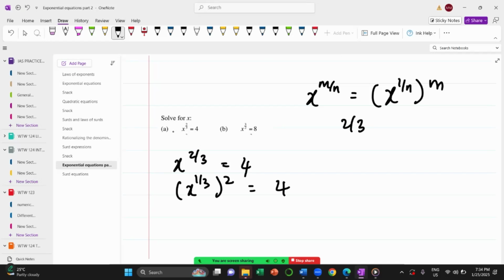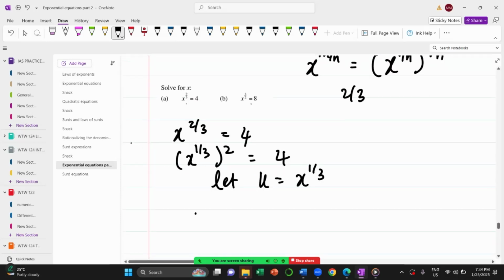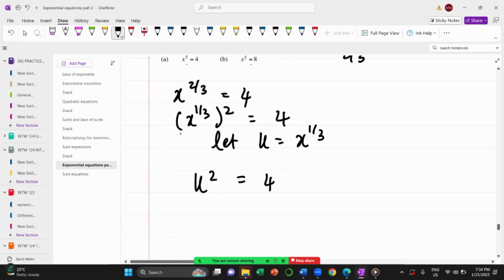Check now. What if I say let k be equal to x to the exponent of 1 over 3? What am I going to have? I'm going to have k squared equal to 4. Right? This is a quadratic equation, right?